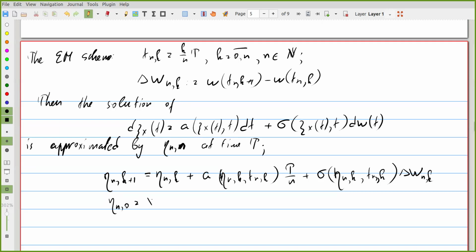And we start from just x, and this is true for k from 0 to n minus 1, so that it makes sense.